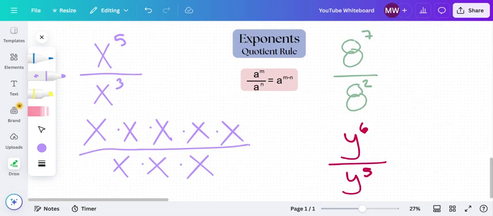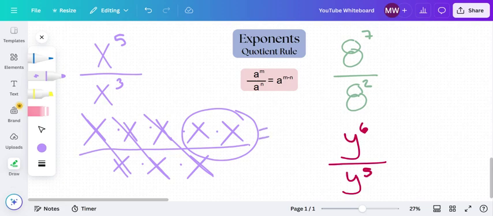So remember, every fraction we see is a division problem. So anytime you divide something by itself, it equals 1. So anytime I can find a pair of x's, I can cross them out. They cancel out. So I would be left with 2 x's, or x squared.